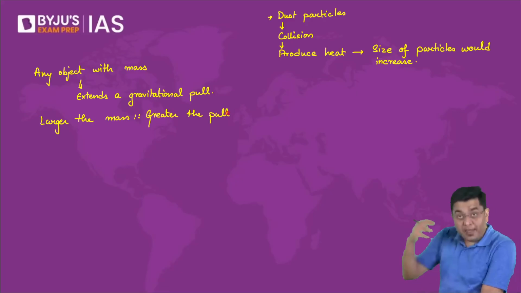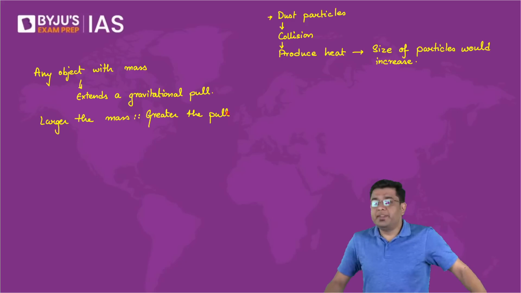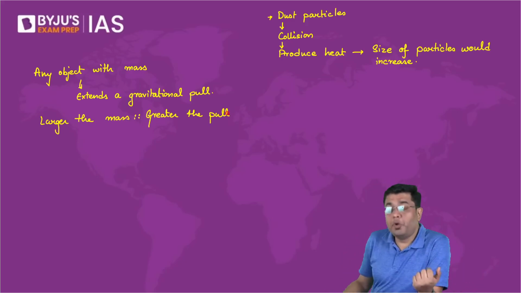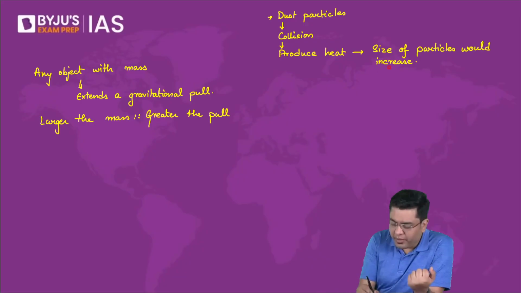That is why the Sun, having the largest mass in the solar system, has the most significant amount of gravitational pull. So, like that, as the size of the particles would increase, can we not say that the gravitational pull of attraction of these particles would also increase?